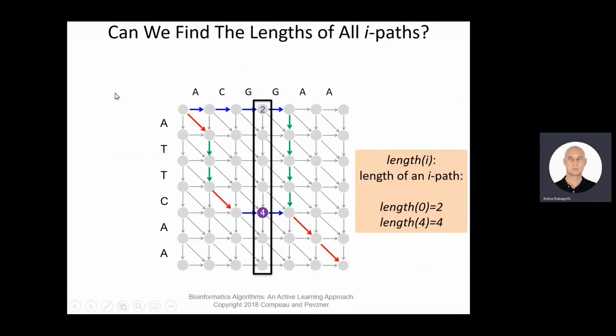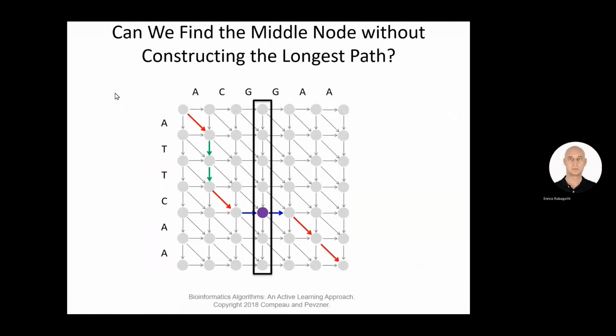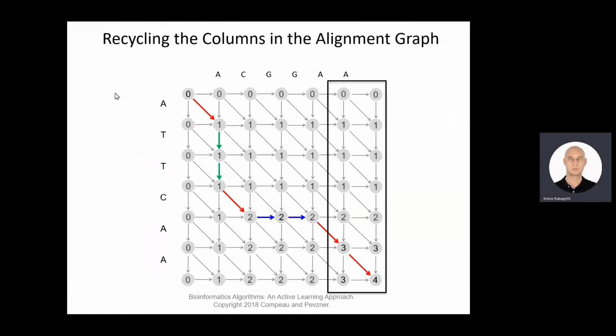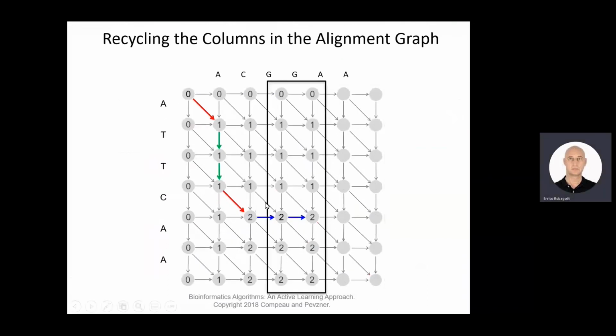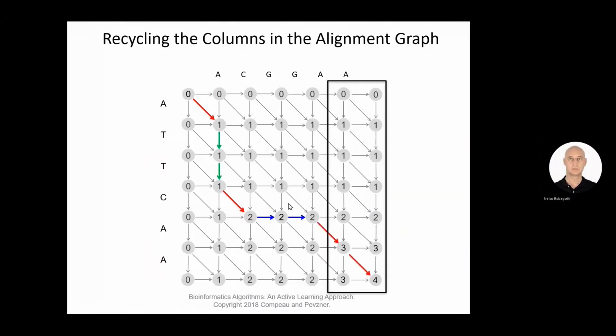We come back to the previous slide. Yes. The length of this point from the source is 2. And the length of this point from here to the sink is again 2. And the total sum is 4, that in this case I should put here.